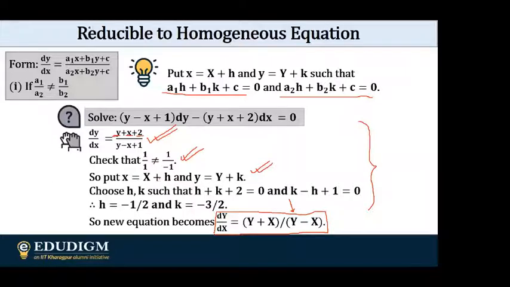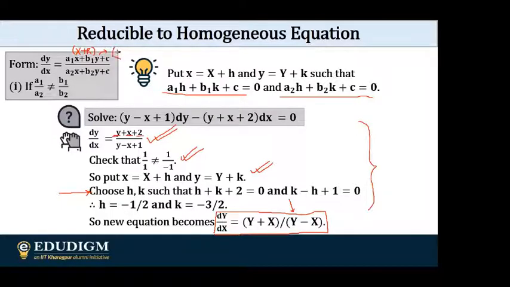After the third step, this h and k are yet to be determined. How do I get that? I get that from this particular condition. Look at one thing, which is very simple.